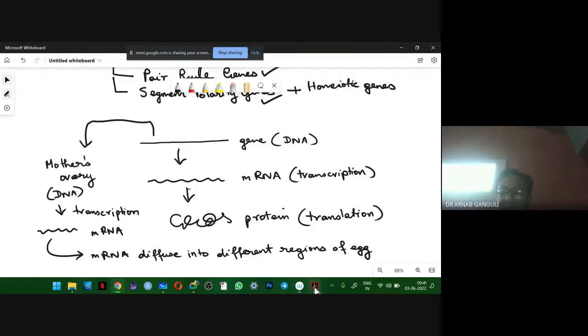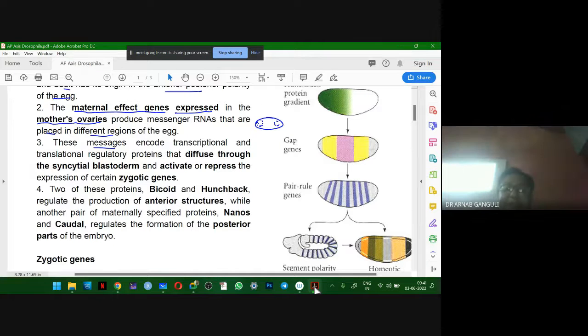Now we go back. So these messages are nothing but the mRNA. They encode transcriptional and translational regulatory proteins that diffuse through the syncytial blastoderm and activate or repress the expression of certain zygotic genes.